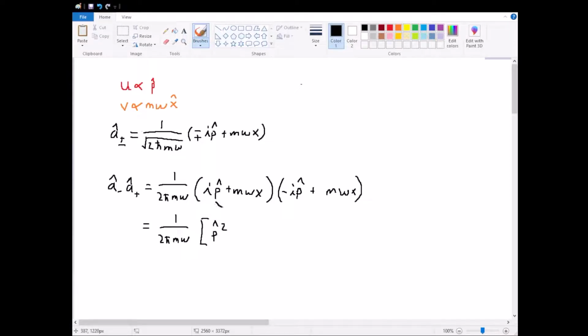And then we have this one times this one, so plus i p hat m omega x. And then we have minus m omega x times i p hat. And then plus m omega x squared.